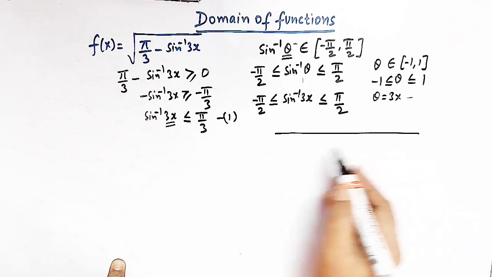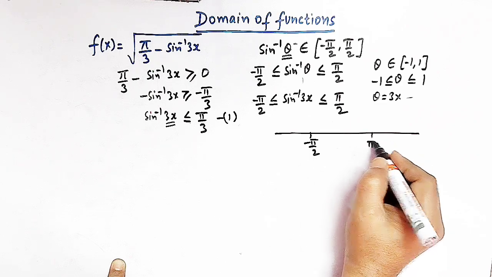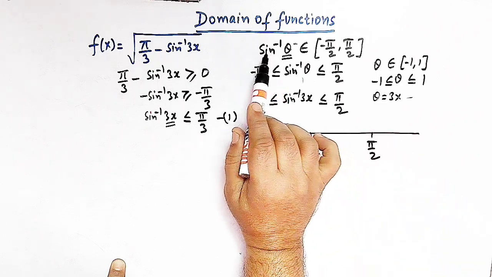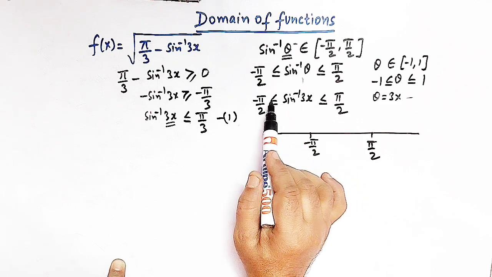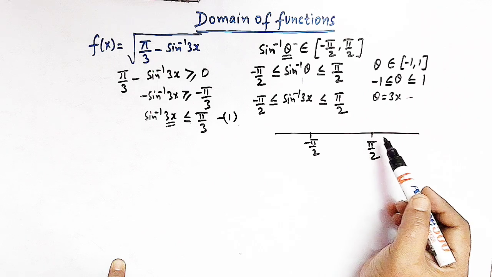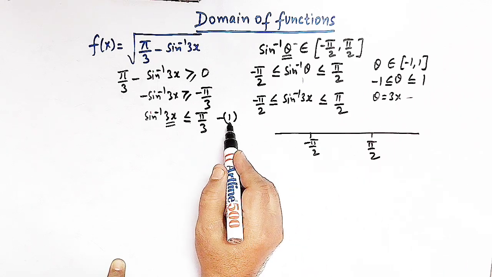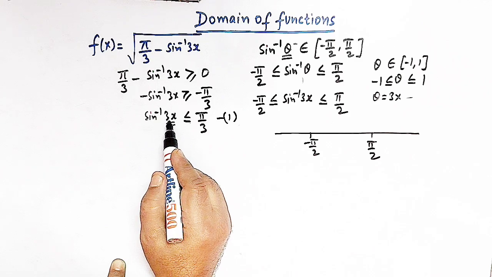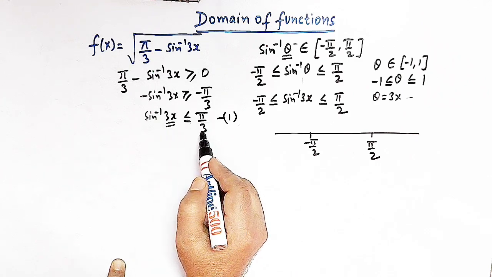Here we have minus pi by 2, and here we have pi by 2. According to this definition, sine inverse 3x should lie between minus pi by 2 and pi by 2. But from the inequality, we have sine inverse 3x should be less than or equal to pi by 3.